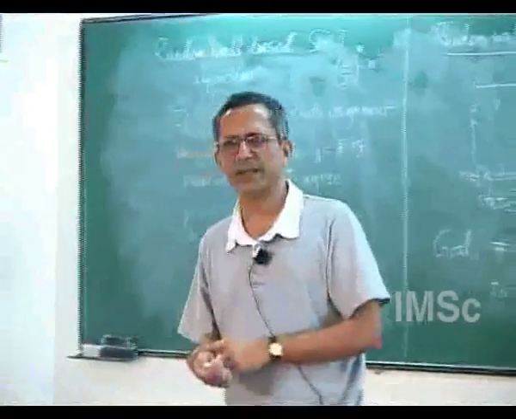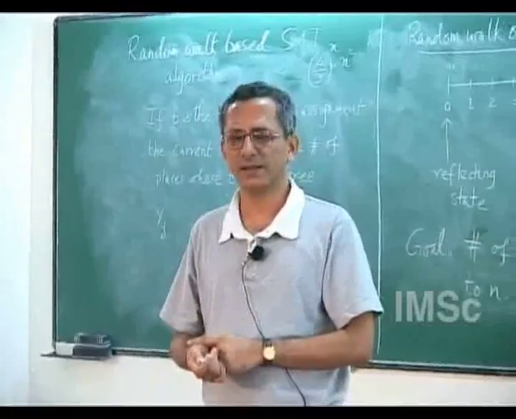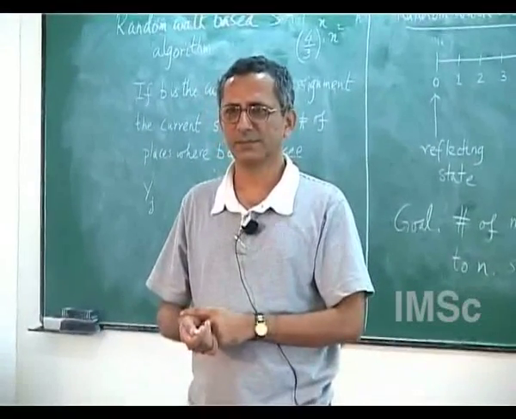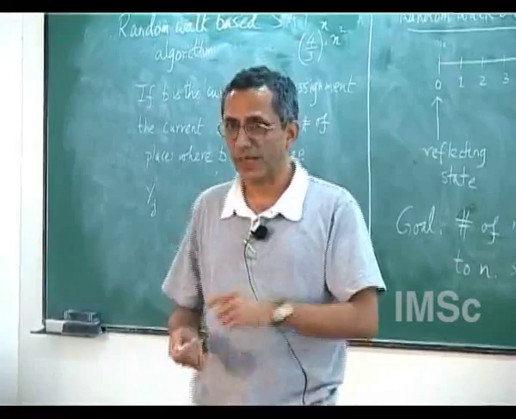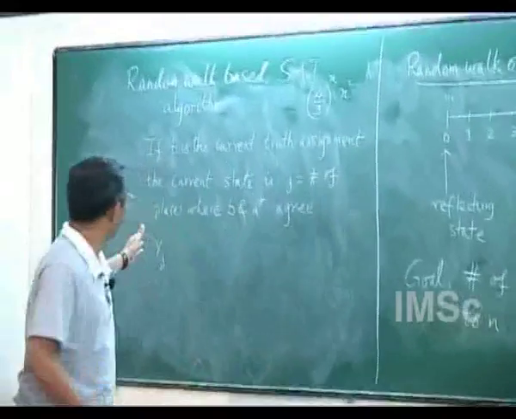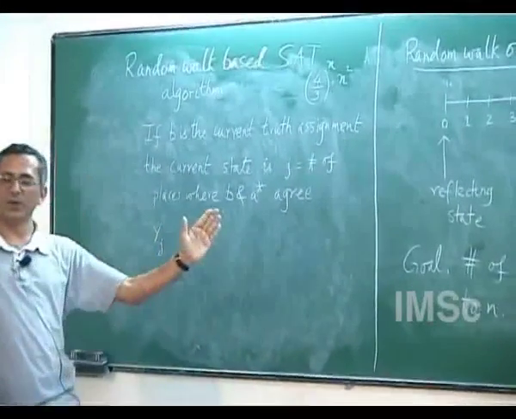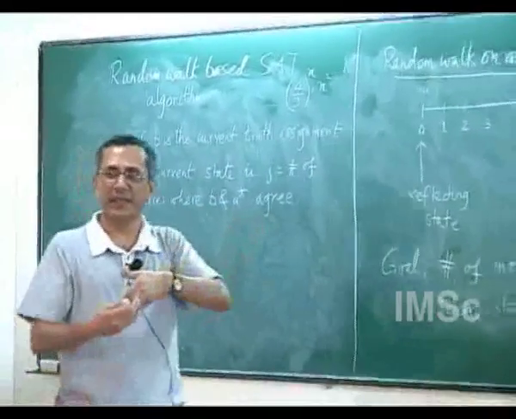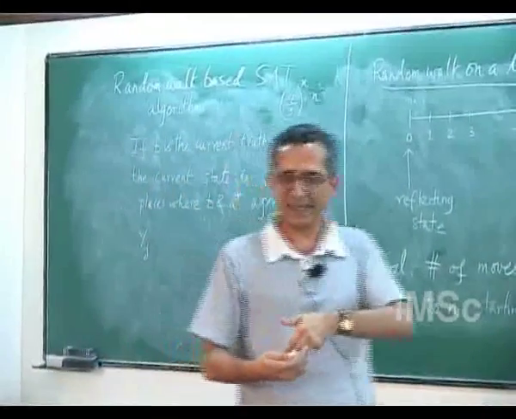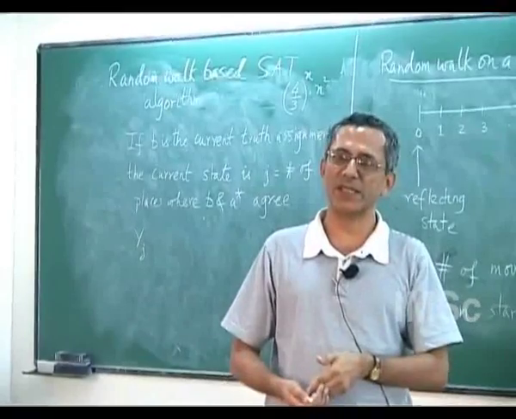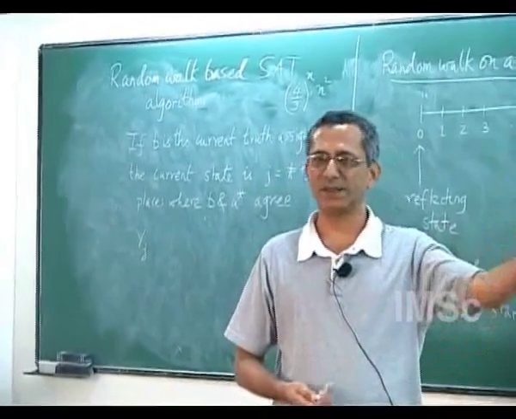Yj is going to stand for the number of steps that the algorithm takes if it is at an assignment which is at distance j from A star.